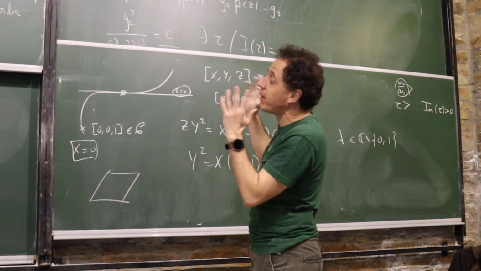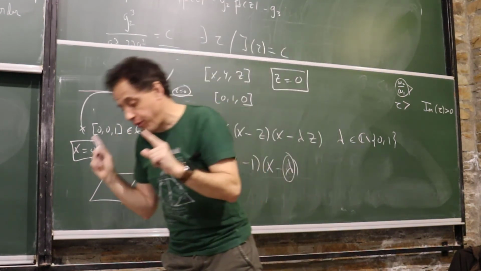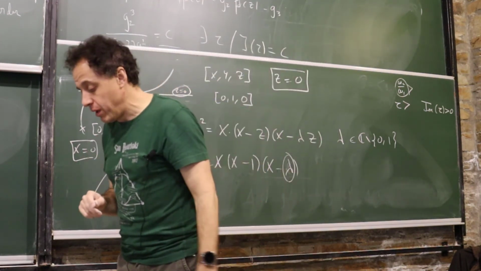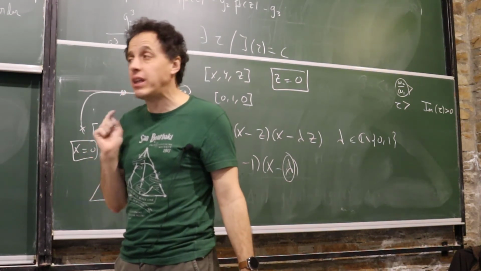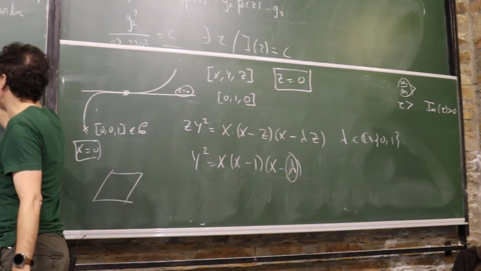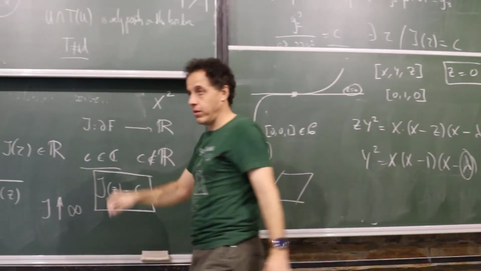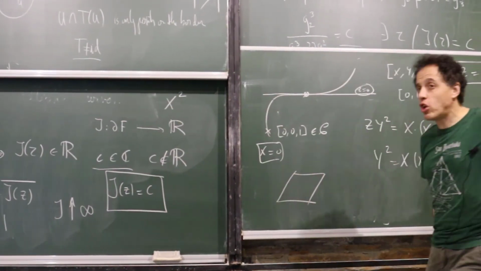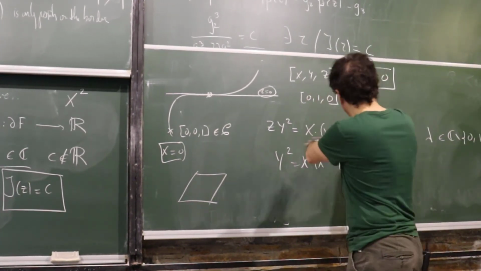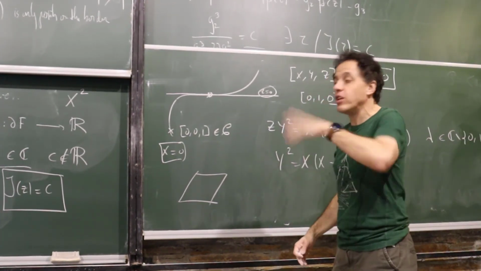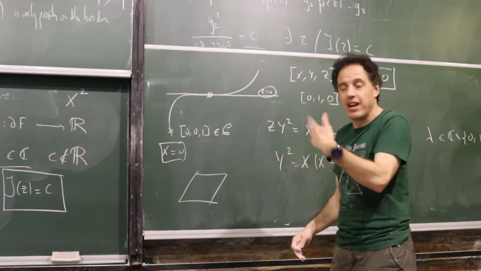You remember that in the differential equation for the Weierstrass P function, we didn't have the term in x squared in the polynomial that appears, but this term can always be removed by doing some linear transformation.